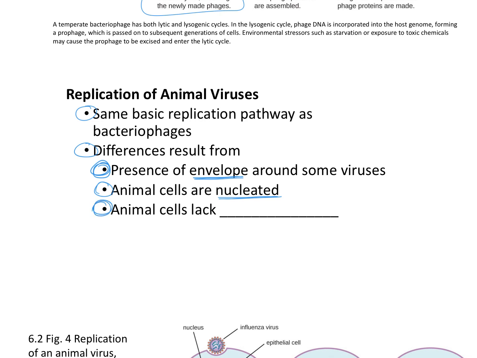And what do animal cells lack that bacteria have? Okay, of course, animal cells do not have a cell wall. So again, that changes primarily the entry and the release mechanisms.